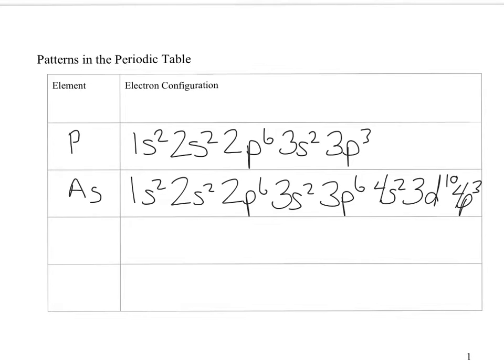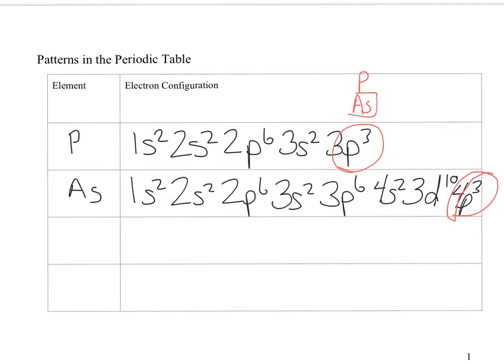All right, so hopefully through this conversation you have figured out that both of the elements end with p3. Find these two things on the periodic table. You'll notice that one is sitting right above the other one.